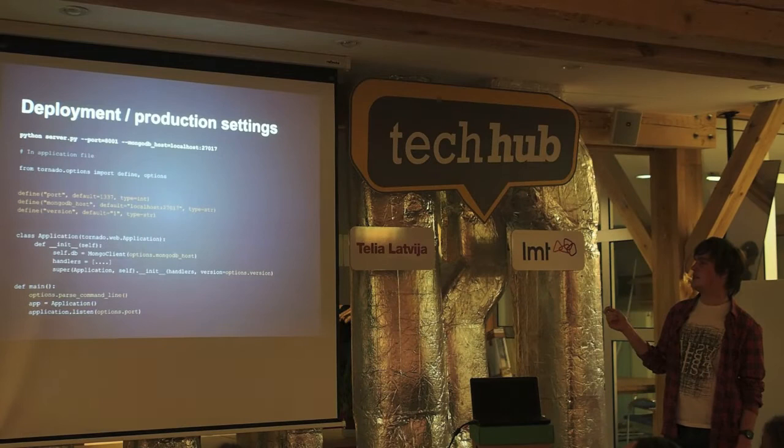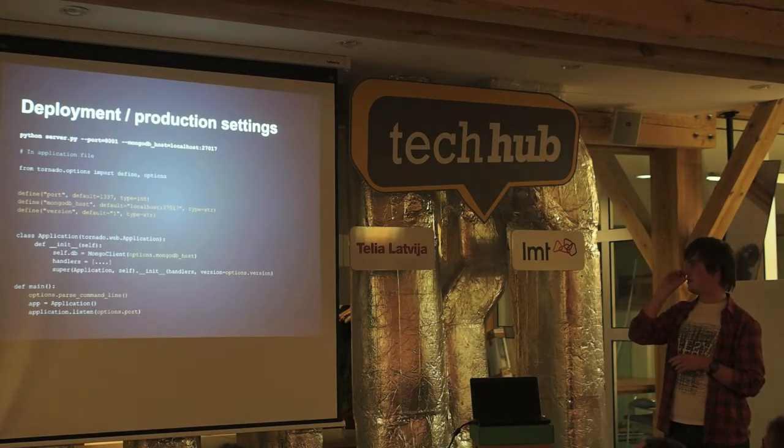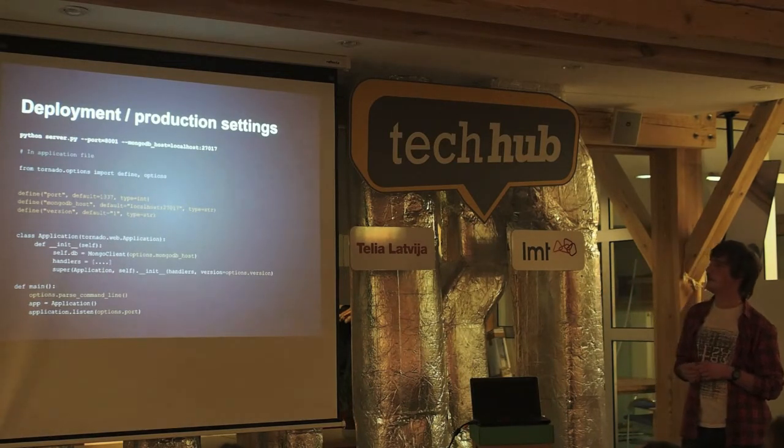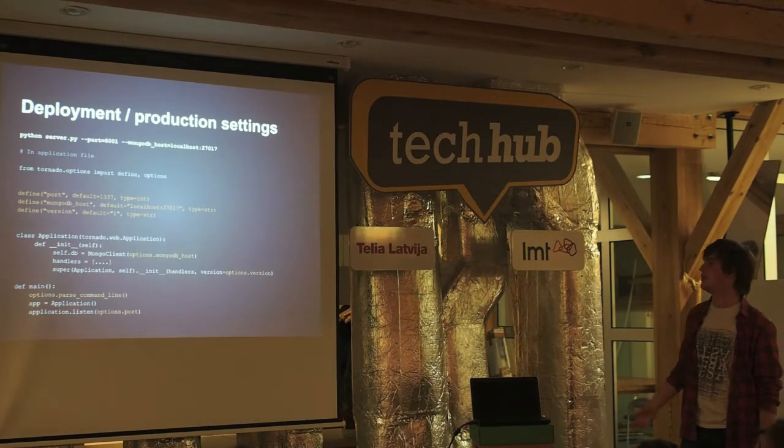And you can call the command called parse command line, which loads all the data that has been provided in the command line arguments, or the fallback value that's given in the define method. And the options, much like IO loop, is a global singleton, so you can use it anywhere in your app. You can call it on initiation of the application or in a method call or whatever.